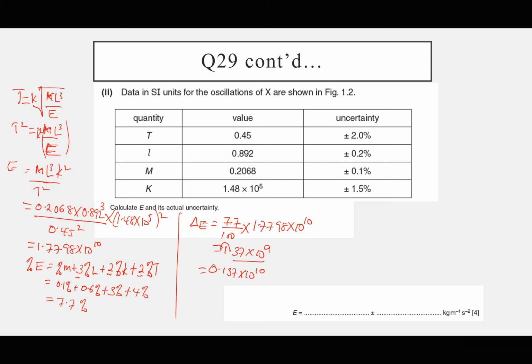0.2068 times 0.892 raised to power 3 times 1.48 exponent 5, and it is squared, divide by 0.45, and it is also squared.